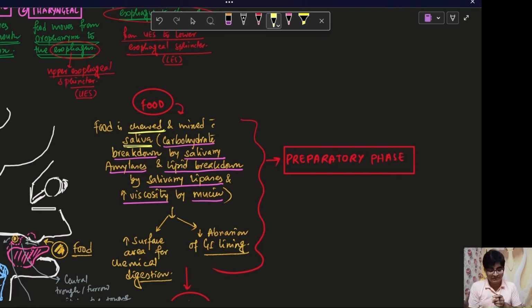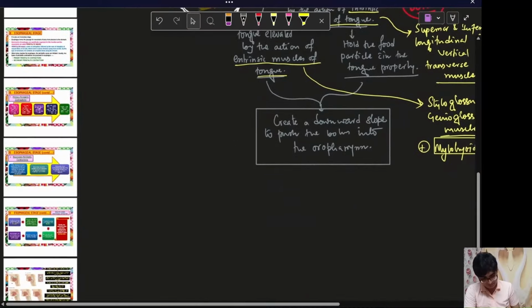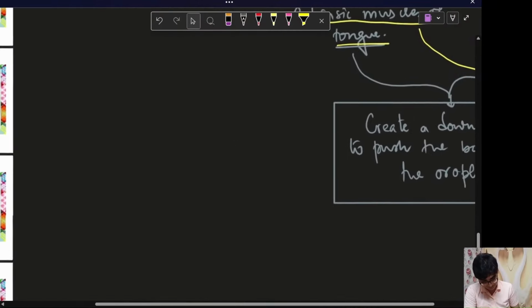What are the mandibular elevators? And what are the salivary glands which secrete the saliva, which causes the salivary amylase and lipase to get into action? So firstly, we start with chewing, that is the point of mastication, the masticatory process.